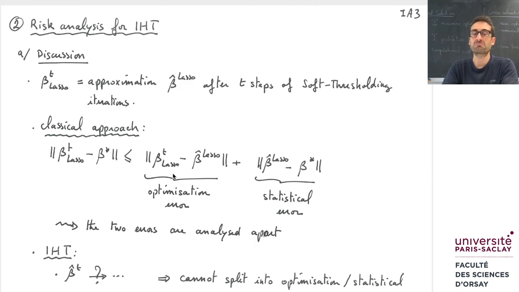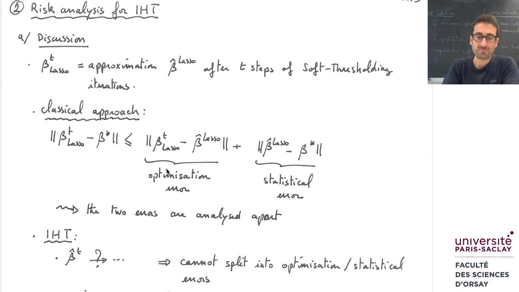So this is really the analysis of convex optimization. We have not discussed this term in the last lectures, since we mostly focused on statistical error rather than optimization. But you can give a bound on this term, and if you want to look at bounds on optimization algorithms, especially on convex optimization, there are some very good lecture notes from Sébastien Bubeck that you can find online, and also there are some references in the lecture notes.